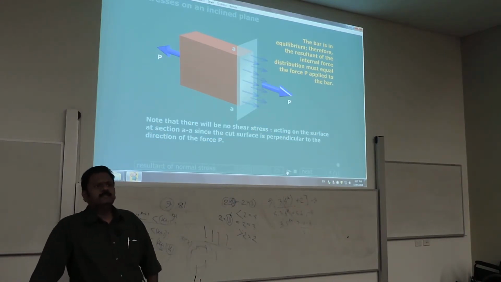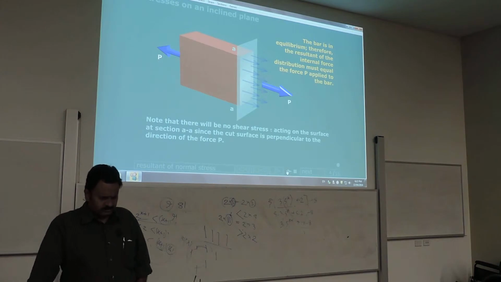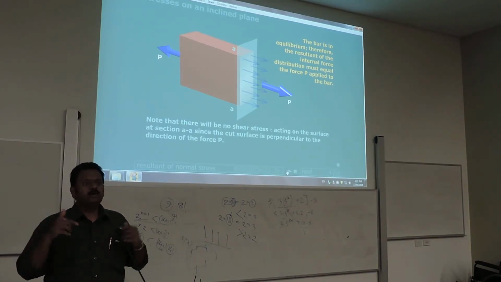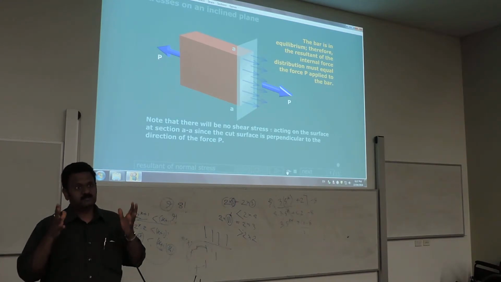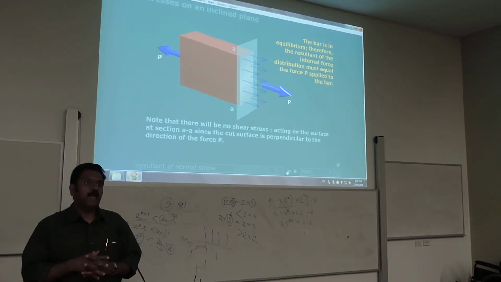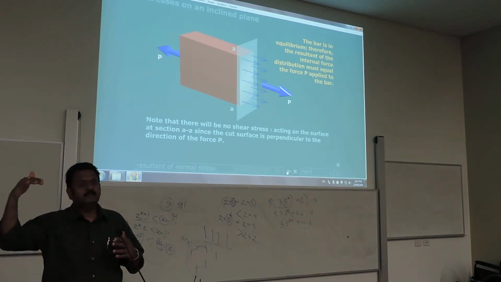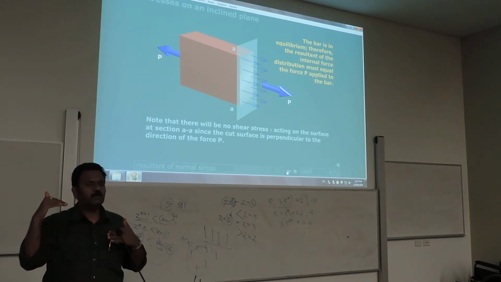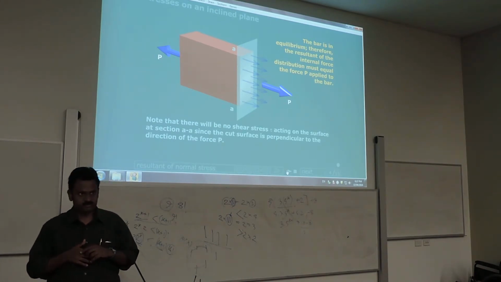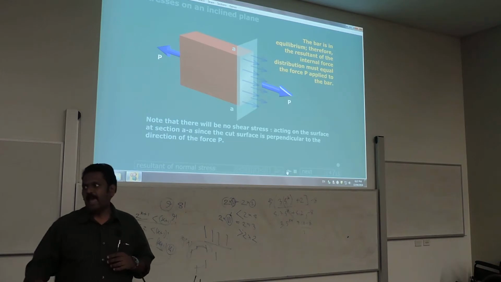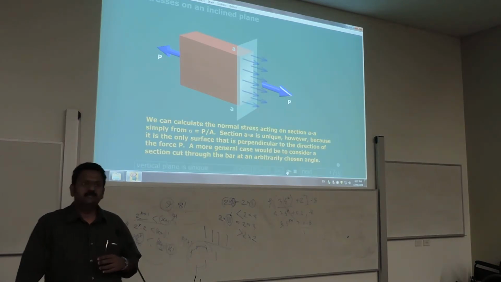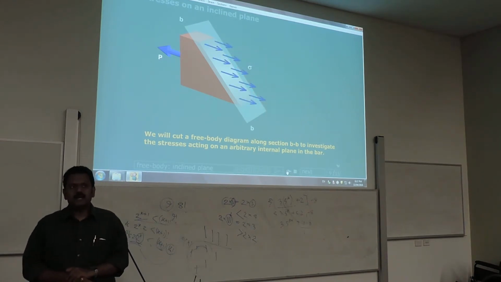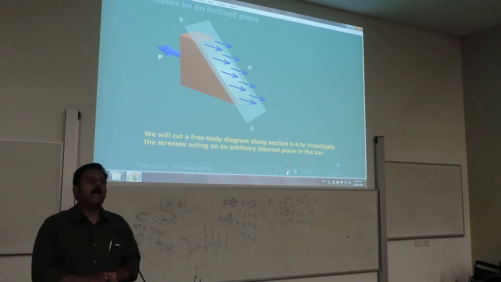However, there can occur instances, particularly in the case of your beams, where forces need not act perpendicular to the face of a given beam, and thereby there can be a reaction which has to be equal and opposite to the direction of application of that force. To analyze these kinds of cases, say we take any arbitrary plane as shown.